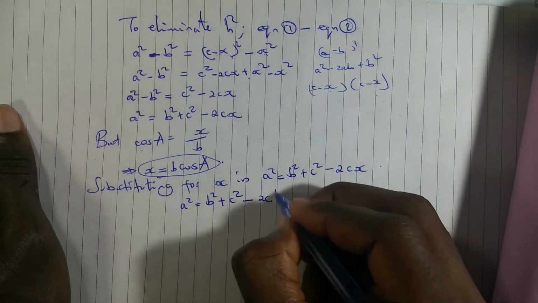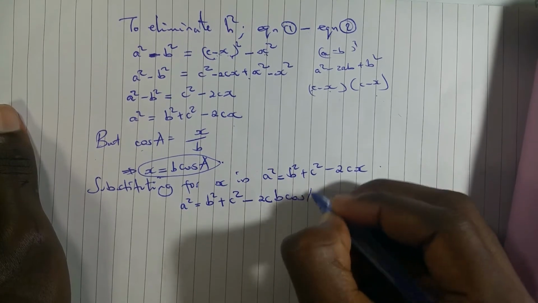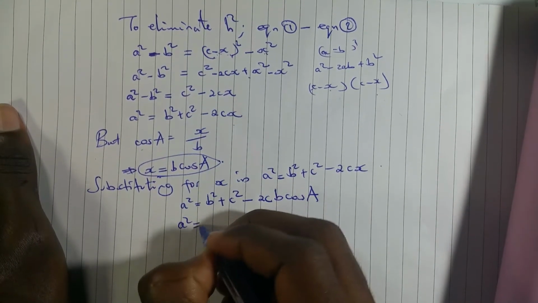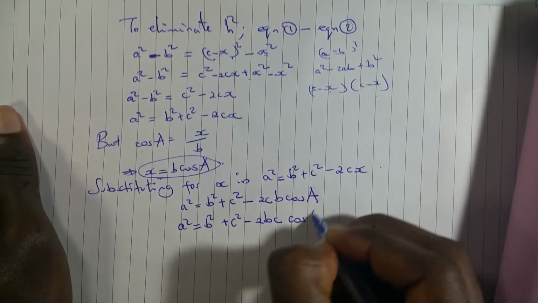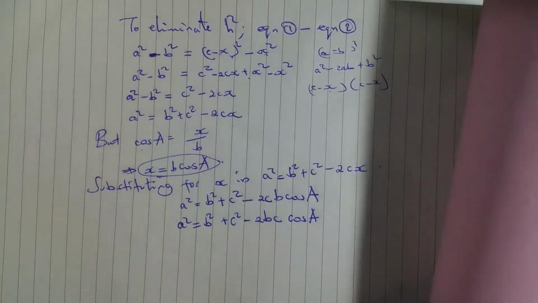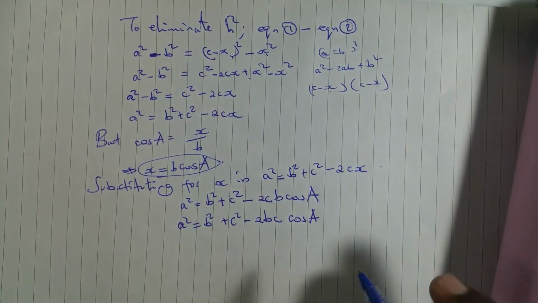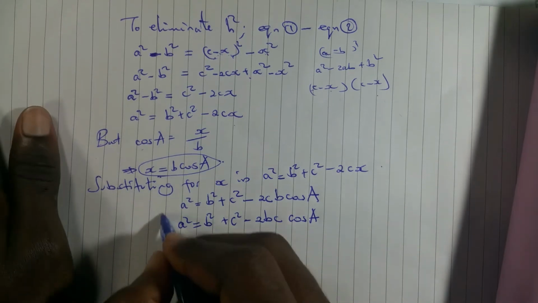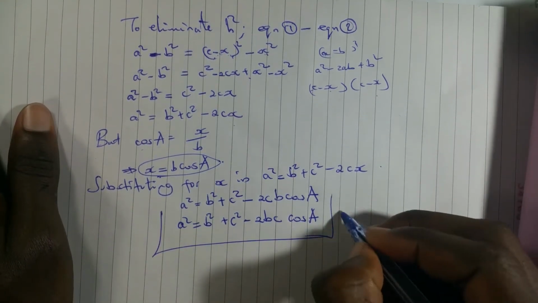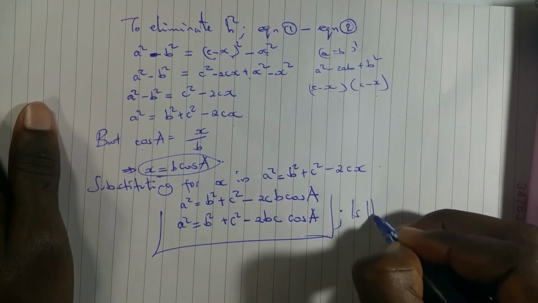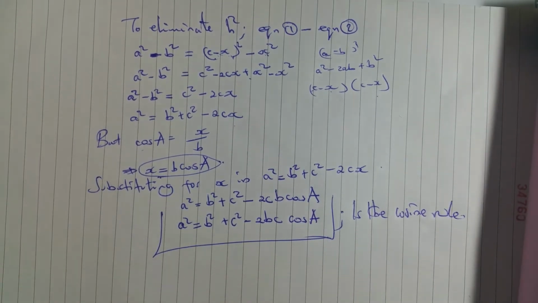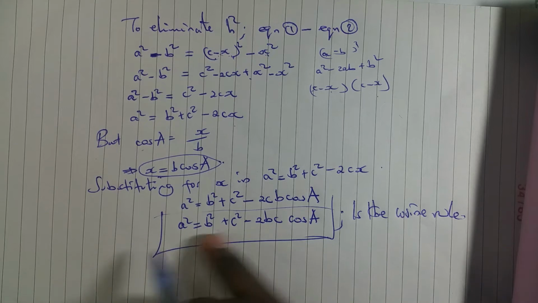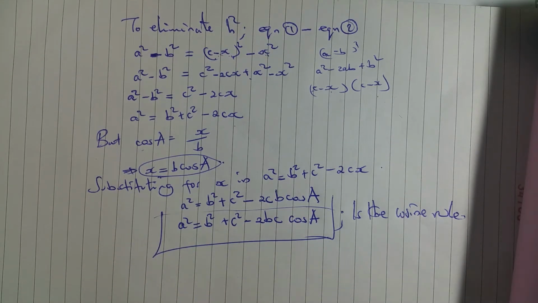So we have a squared equals b squared plus c squared minus 2bc cos a, which is our cosine rule. That's what we call the cosine rule.